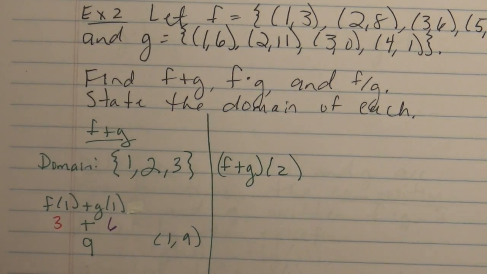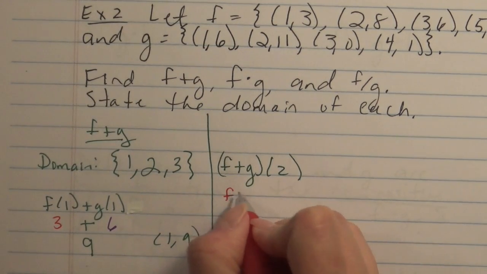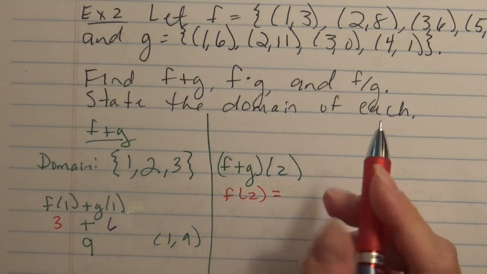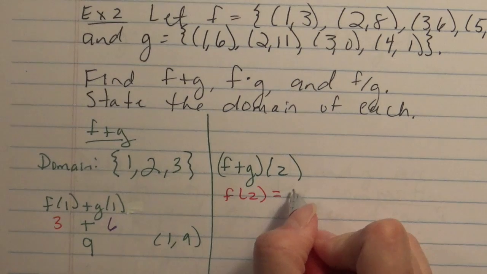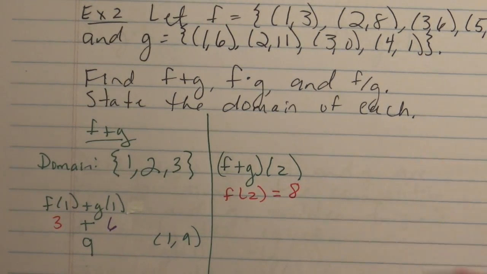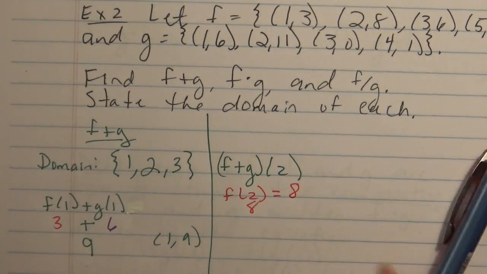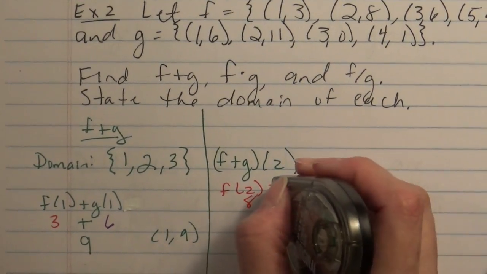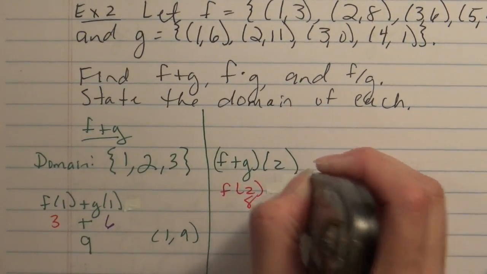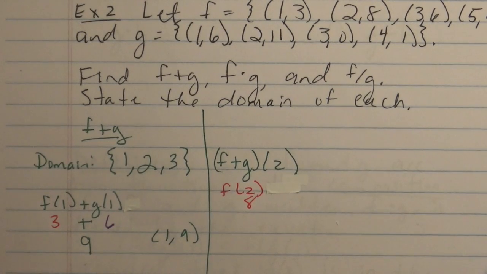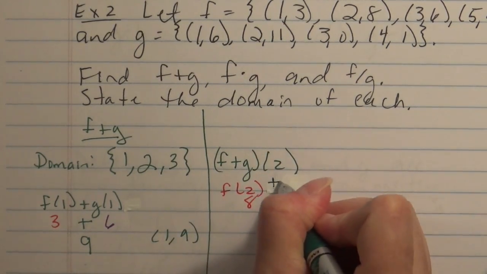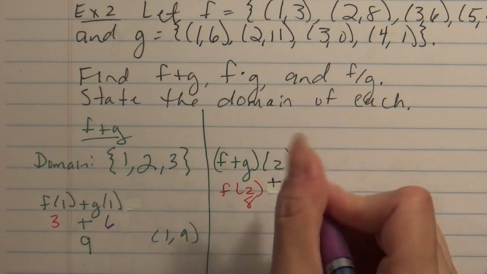Okay, so let's see what happens. What is f of 2? F of 2 should have given you 8. Let me put it there. And then we want to do g of 2.